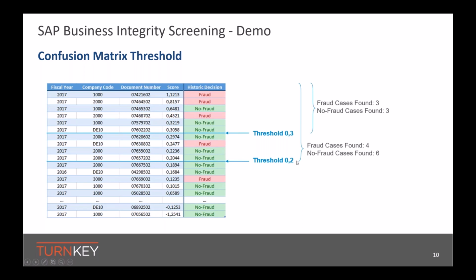So you can see, if we have the threshold at 0.2, we have 4 fraud cases that are found, and 6 non-fraud cases. If we go to the other example, with a higher threshold, above it we have 3 non-fraud cases and 3 fraud cases. So it's basically setting the threshold to find the right combination of missing some fraud cases and reducing the number of non-fraud cases.